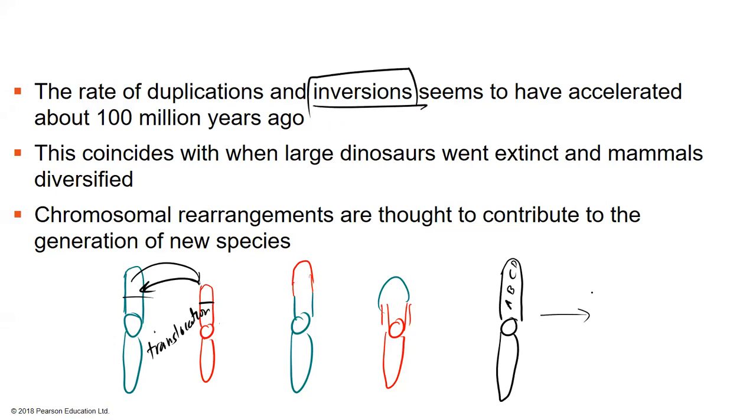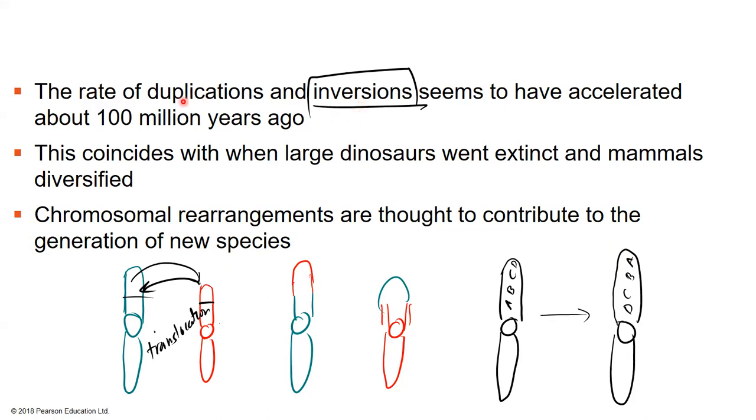Inversion is basically a change in the orientation of the chromosome or DNA segments within the same chromosome. So now we have D, C, B, A. So it's like this part of the chromosome is flipped or changed its direction. Okay, these are called inversions.